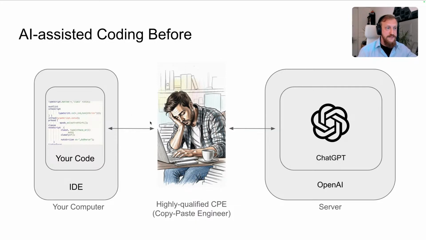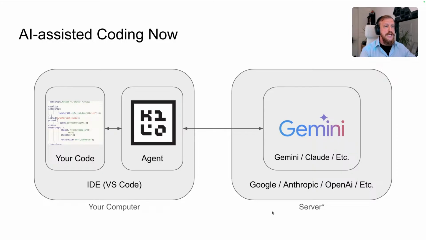Now it's different, because the situation has changed completely. There are AI models running on servers. There are many providers, Google, Anthropic, OpenAI, and many others, and they have different models. They can't modify your files because they run somewhere else. Basically, they just receive some API calls, some questions, and return some answers.